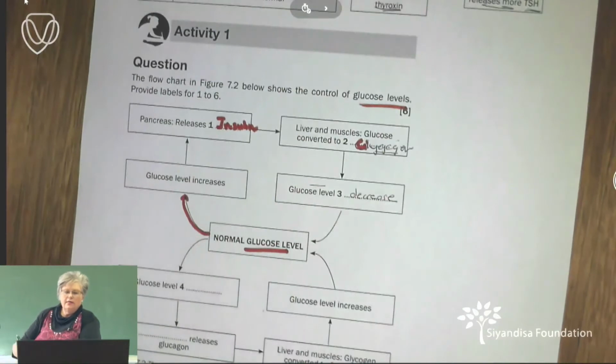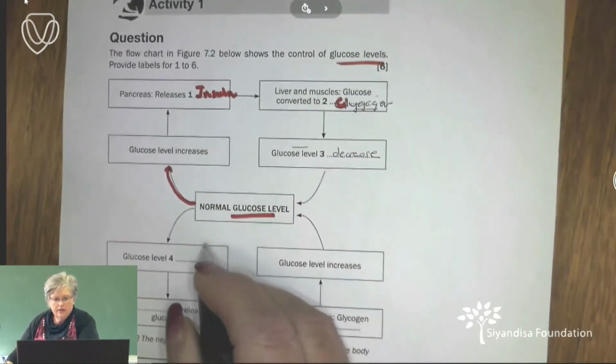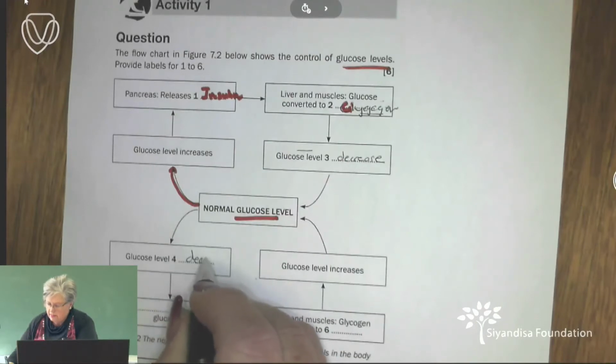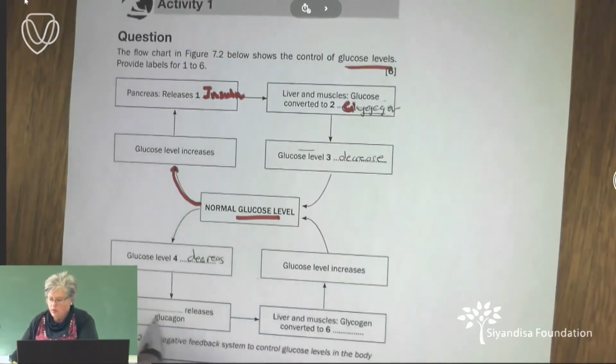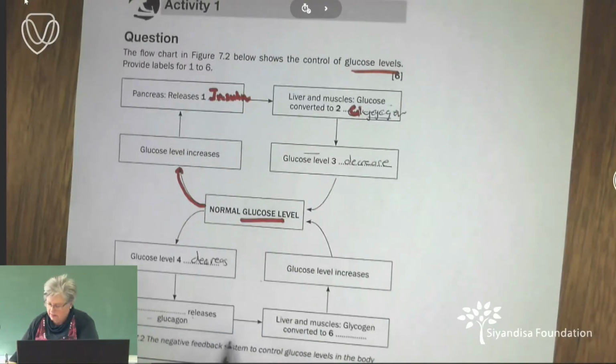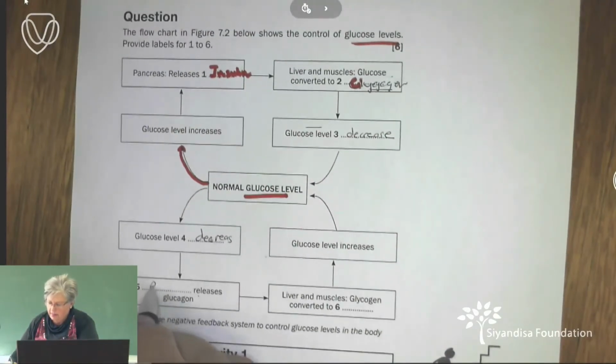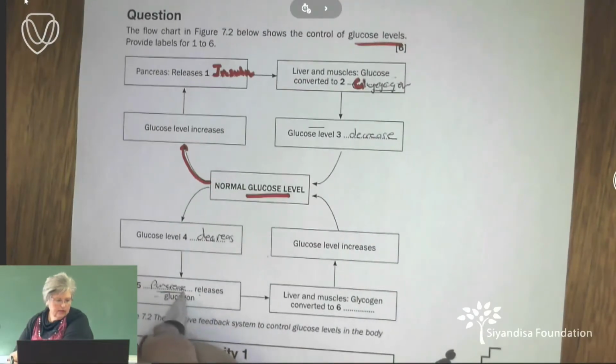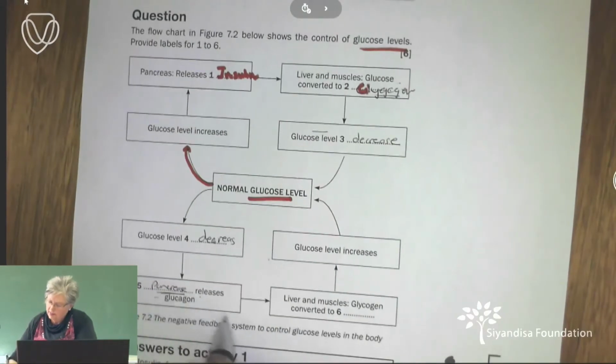What happens if the glucose level decreases? What must be released? The pancreas is the control center. What does it do?